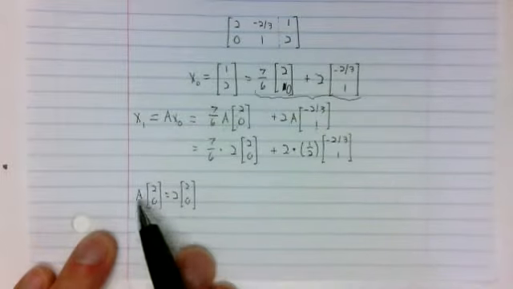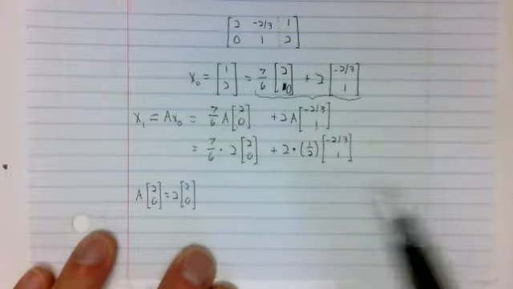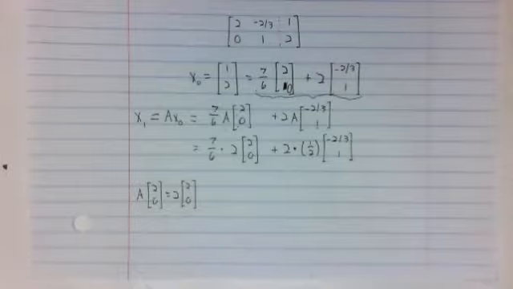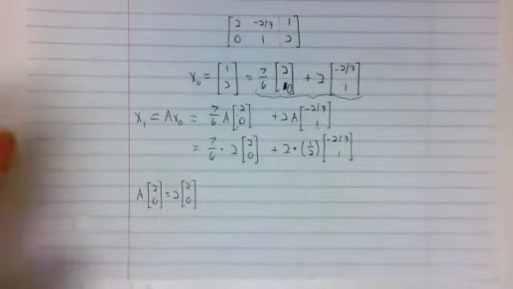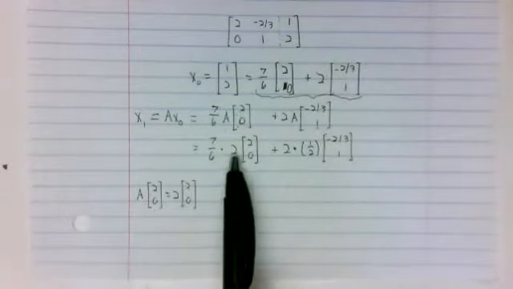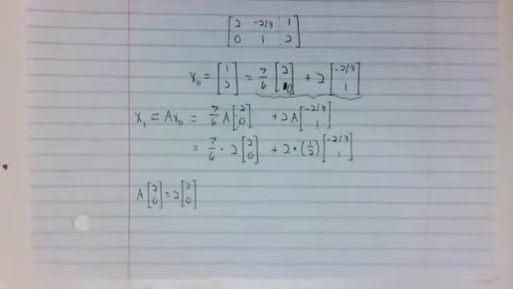Our matrix vector products are all scalar products, thanks to the properties of eigenvalues and eigenvectors. Let's proceed and find x sub 2. And I'm not going to simplify these terms specifically because of the pattern we want to see emerge.